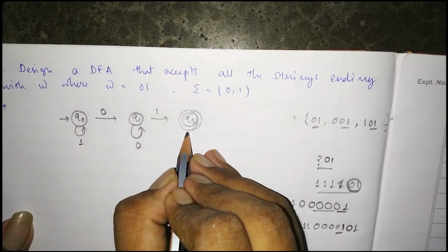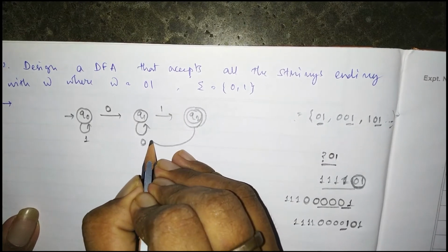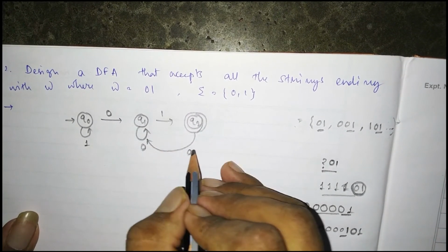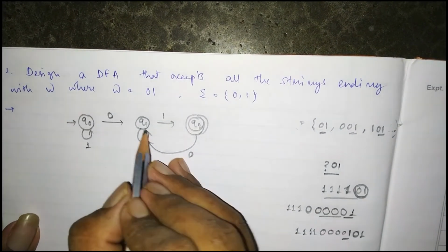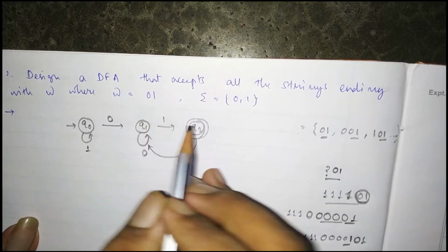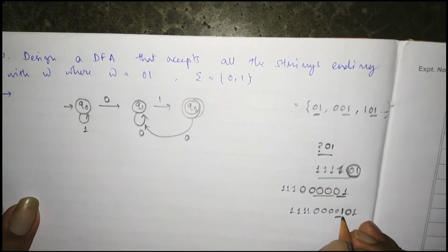So this means from Q2, if we have input symbol 0, we pass from Q2 to Q1. Now we are in Q1, so the string will only be accepted if the next symbol is 1, as we have talked about in this example.